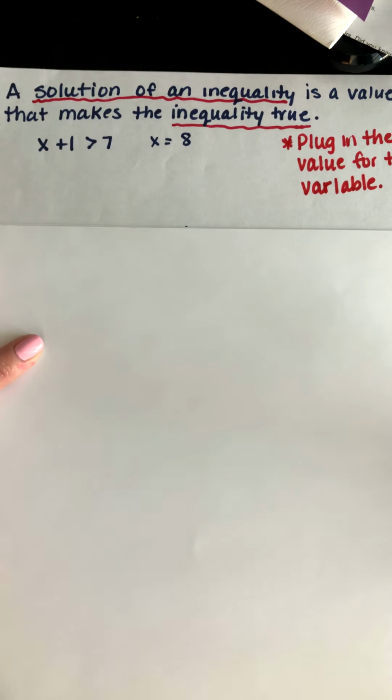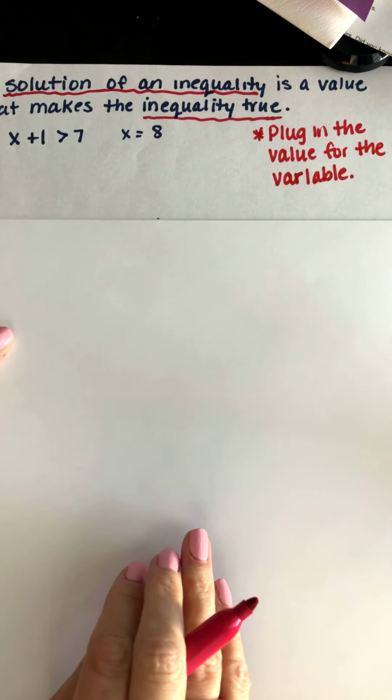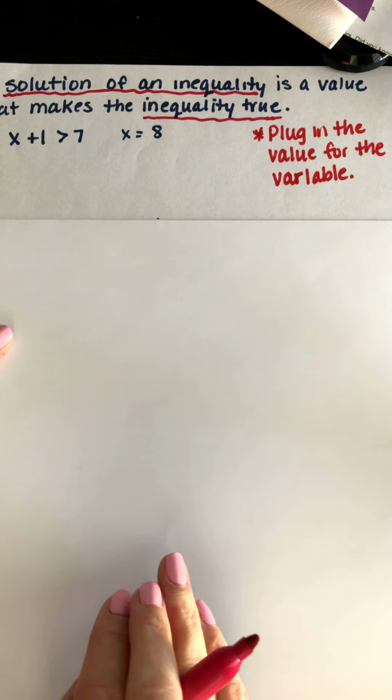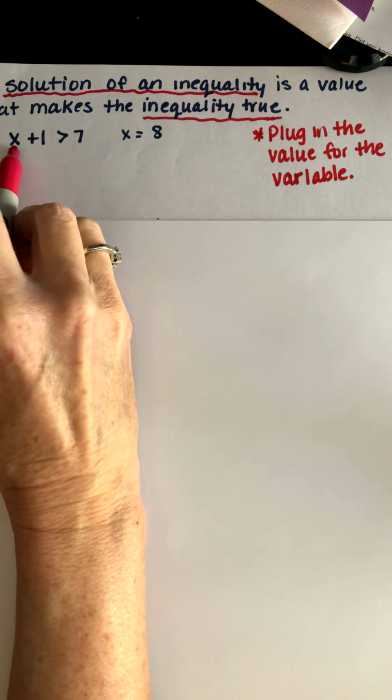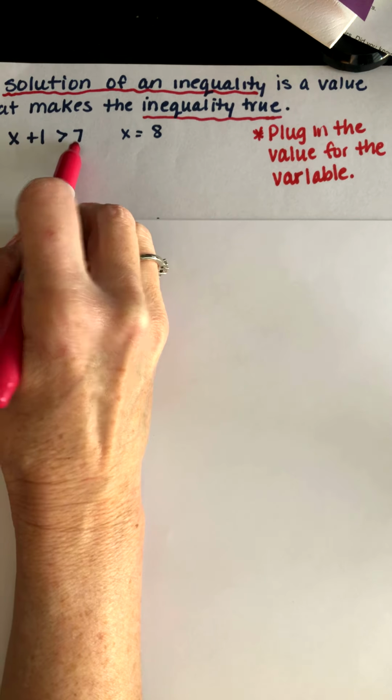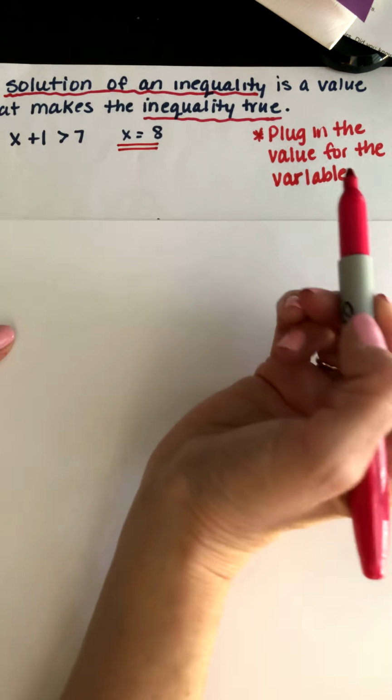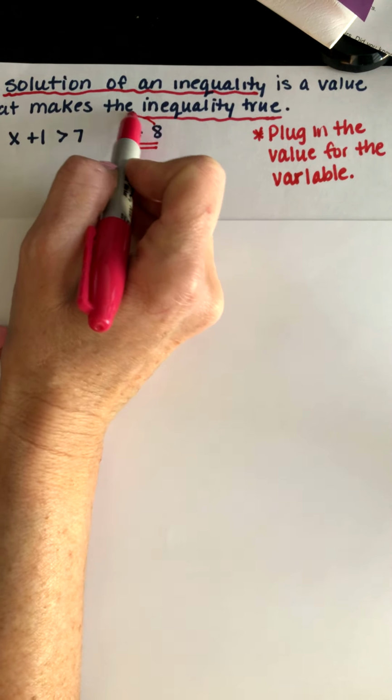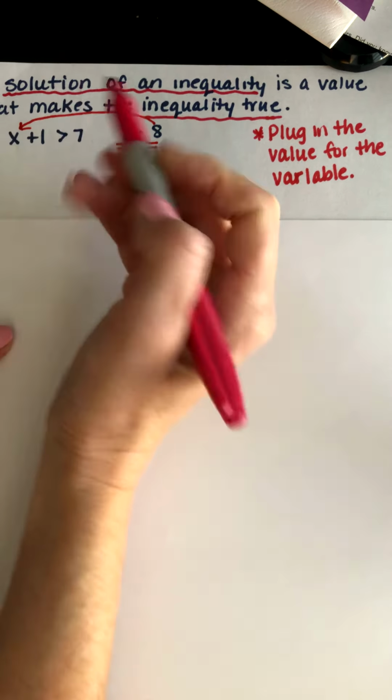Just like we did with equations, you're going to plug in the value for the variable. So we have x plus 1 is greater than 7, and it's saying x equals 8. So we're going to take this 8 and plug it in there.